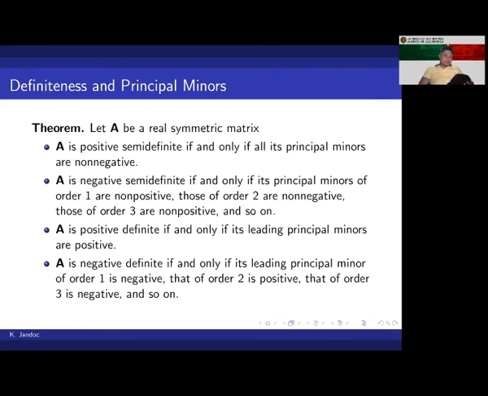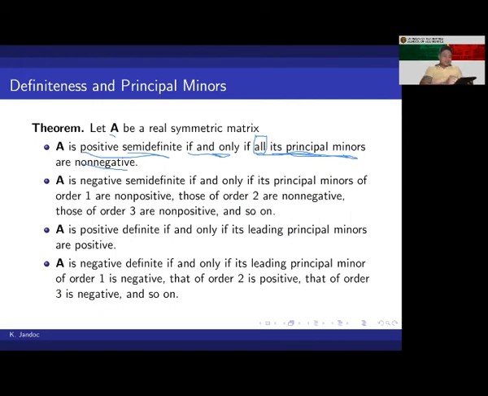So what does the theorem say? A is positive semi-definite if and only if all its principal minors are non-negative. What does non-negative mean? It can either be 0 or positive. All the principal minors of matrix A. If that's true, then it's positive semi-definite.